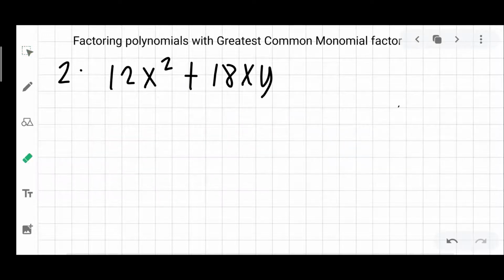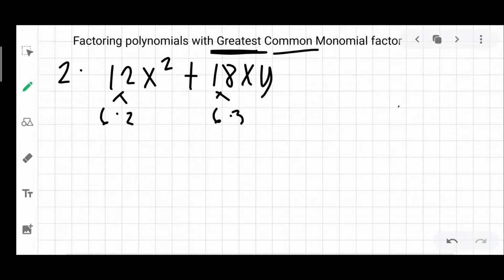So for our next example, second example, we have 12x squared plus 18xy. The same as yung una nating example, we will get the factors of 12 and 18. To be specific, the greatest common factor. And that is 6 times 2 and 6 times 3. 6 times 2 is 12, 6 times 3 is 18.